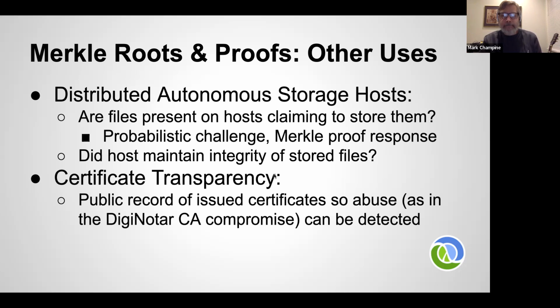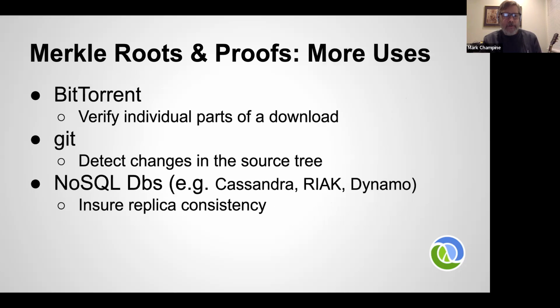Okay. What other uses does this have? BitTorrent uses it to verify parts of a download. Git uses it to detect changes in the source tree. And there are quite a few NoSQL DBs that use it for replica coordination.